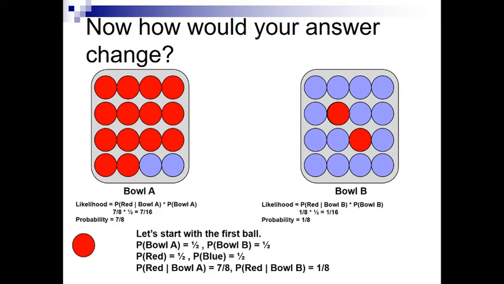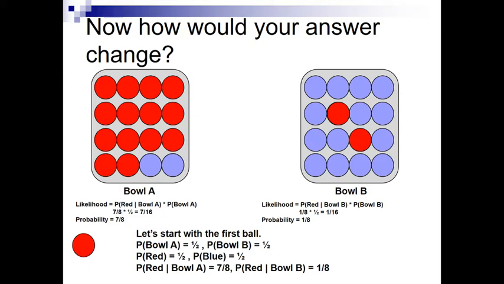Because now we can also compute the likelihood that this red ball came from bowl B, by the probability of red given bowl B times the probability of bowl B. That gives us 1/16. Now we know these are not probabilities because 7/16 plus 1/16 isn't 1, it's a half.